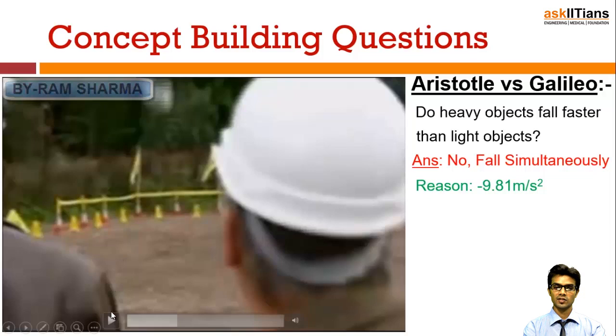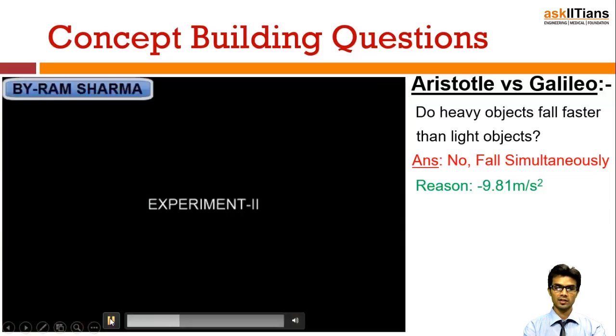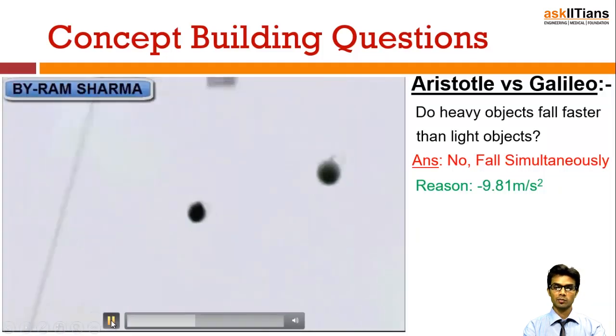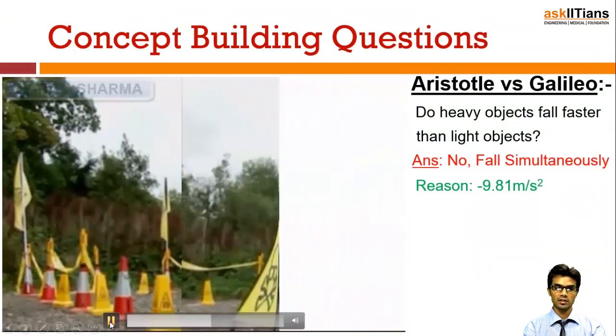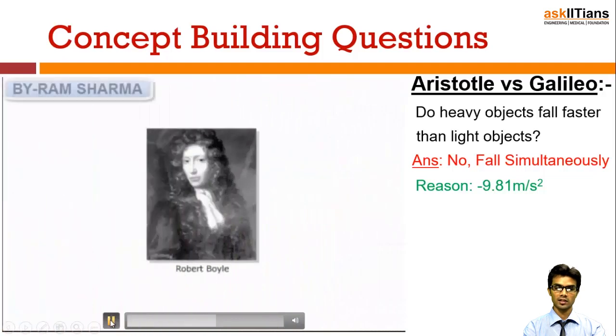This is the practical experiment we have seen many times in daily life. In the second experiment, two balls are dropped from the same height, one heavier, one lighter. You can see the heavier ball comes faster and the lighter ball comes later.